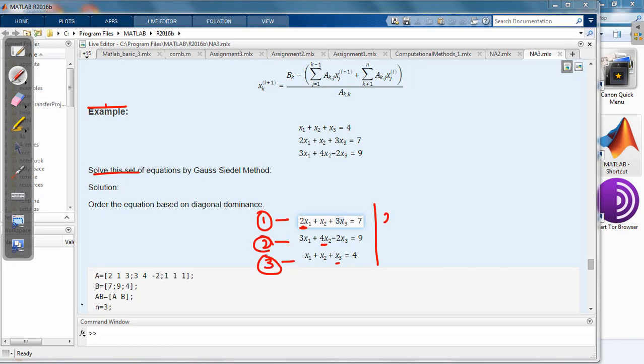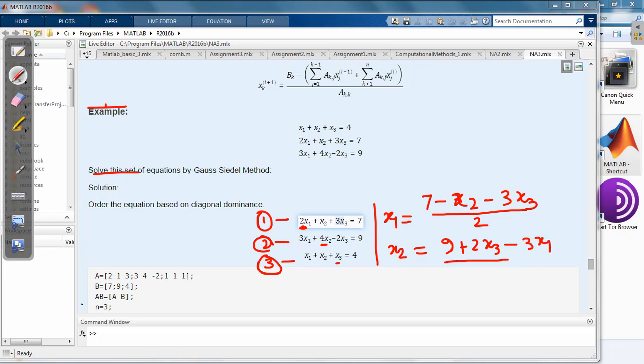So from equation 1 we will find out x1. So what is x1? Simple: 7 minus x2 minus 3x3, divided by 2. Similarly, what will be x2? x2 will be 9 minus 3x1 plus 2x3, divided by 4.